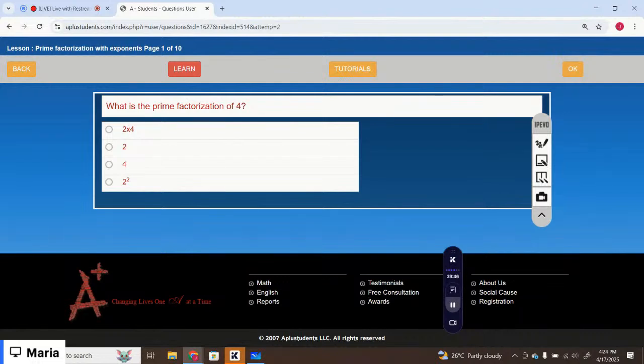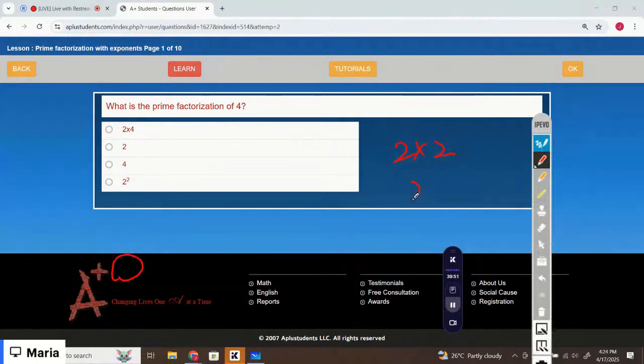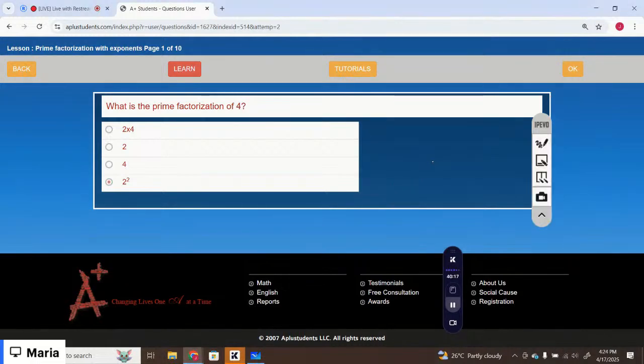That is 2 times 2, or you can write it as 2 squared. Option number 4 is the correct option. That is 2 squared.